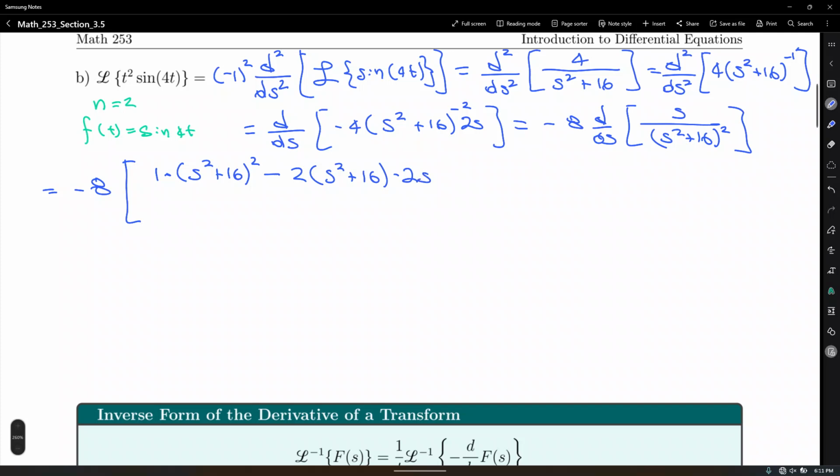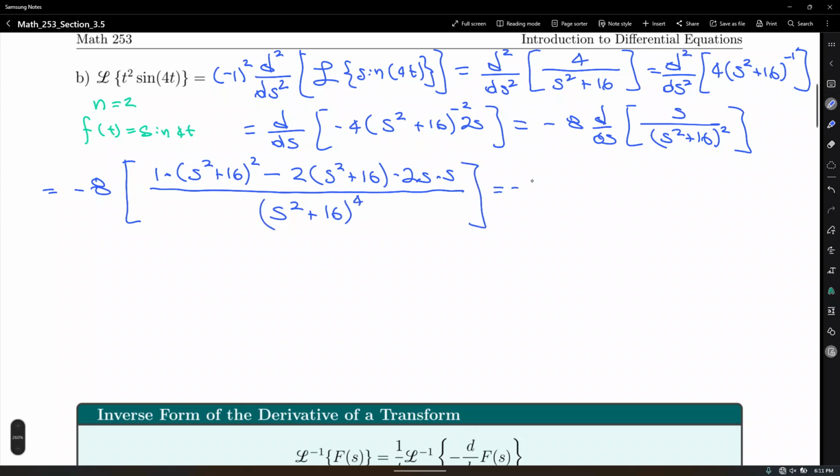But that's just the derivative of the denominator. We still need to multiply by the numerator, which is s. And then divide everything by (s squared plus 16), but it used to be squared. Square it again because of the quotient rule. That'll be to the fourth power.